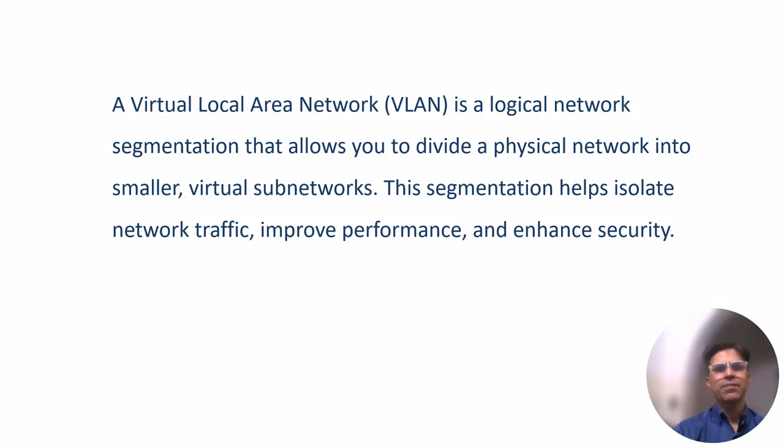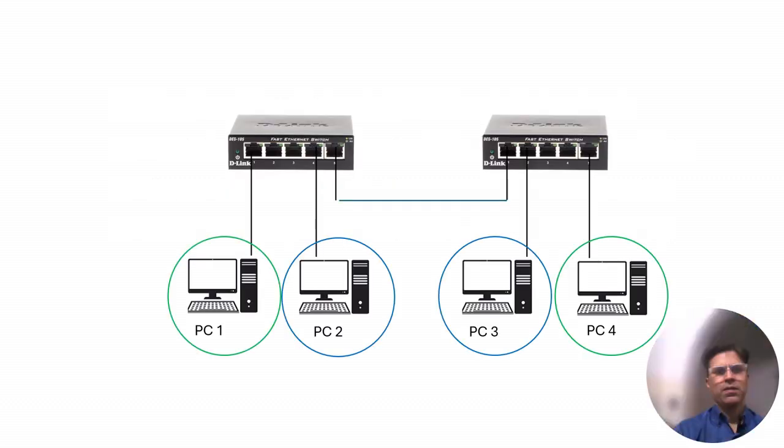VLANs are used to segment a physical network into multiple distinct broadcast domains, improving performance, security, and manageability. When PC1 wants to communicate with PC4 in the same VLAN, initially PC1 sends an ARP (Address Resolution Protocol) broadcast to find the MAC address of PC4.